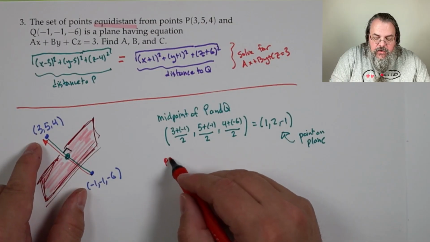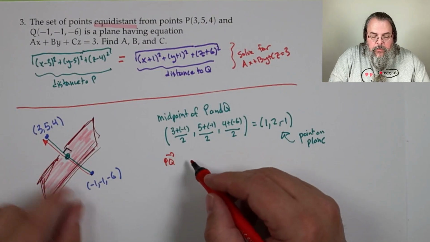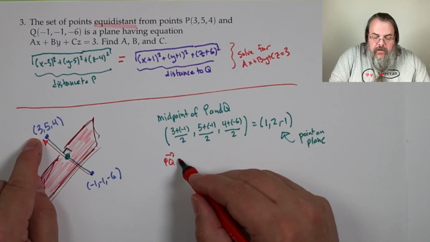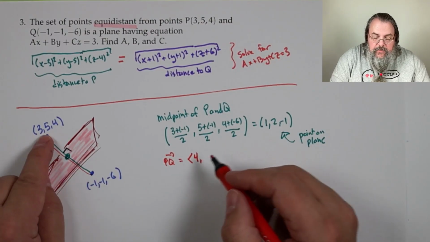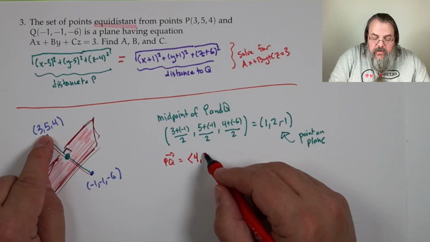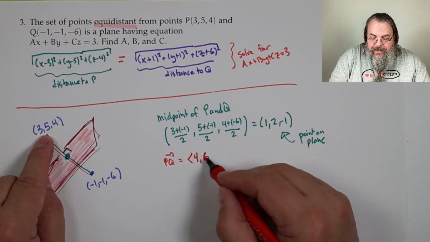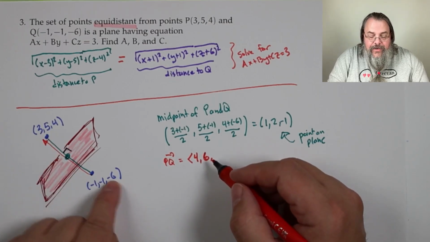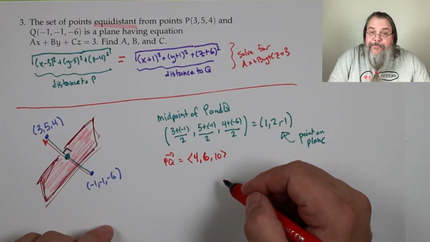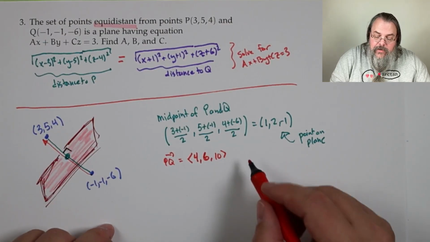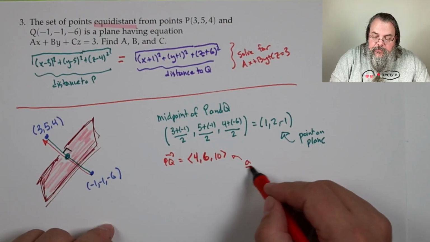From P to Q, well, we go from -1 to 3. That's a change of 4. -1 to 5. That's a change of 6. I don't know why I'm getting so nervous. -6 to 4. That's a change of 10. 4, 6, 10.